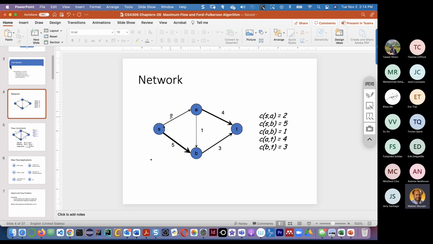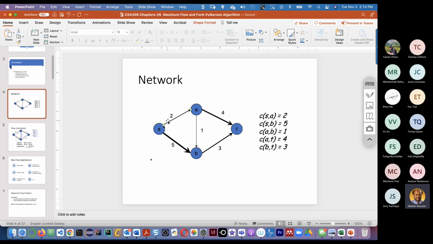How does it pass? From S to A, the capacity is 2 units maximum. From A to T, the capacity is 4 units, right? So here there is more capacity or more bandwidth, but here there is a low capacity or low bandwidth.